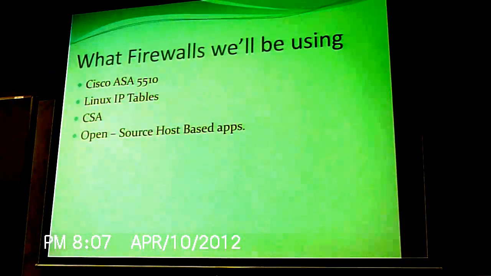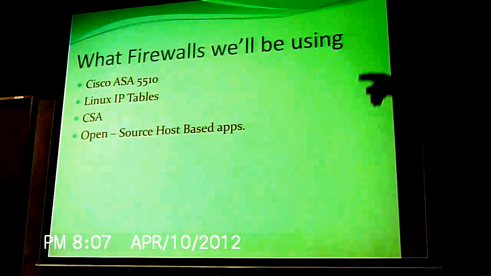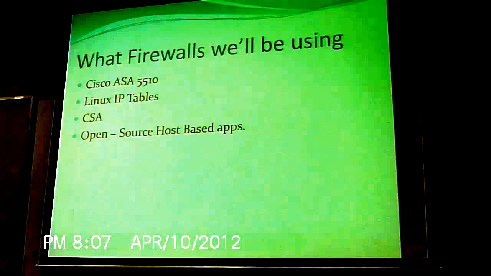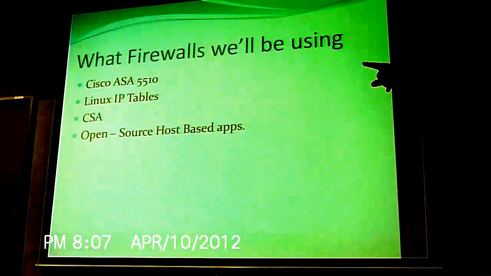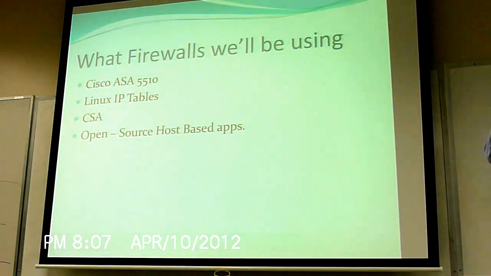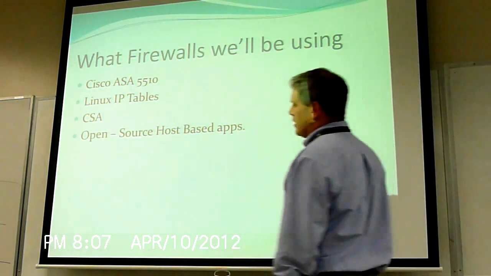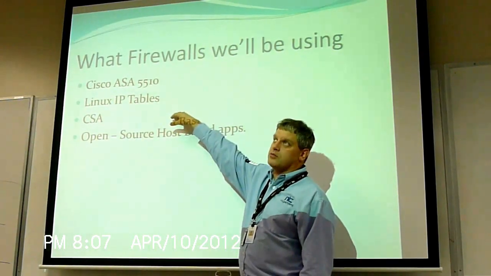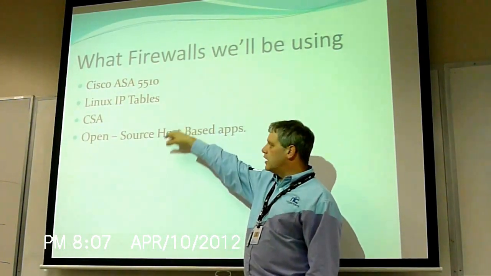Different firewalls we'll talk about. We're only going to use the 5510, the ASA, a little bit later on. But you can also make them with Linux iptables. Cisco Security Agent is a host-based firewall. There's dozens of others: McAfee, Symantec, Trend Micro, yada yada.